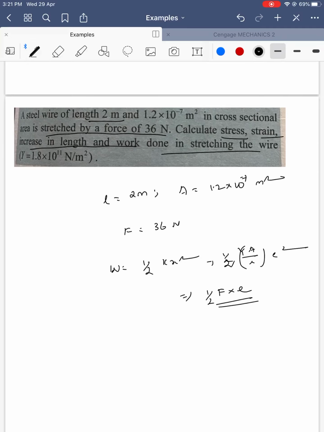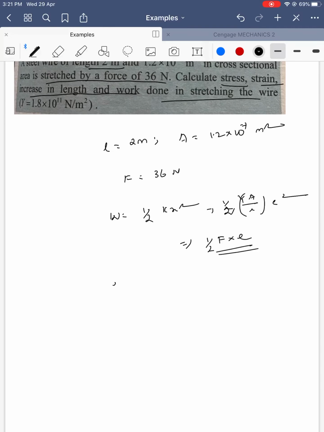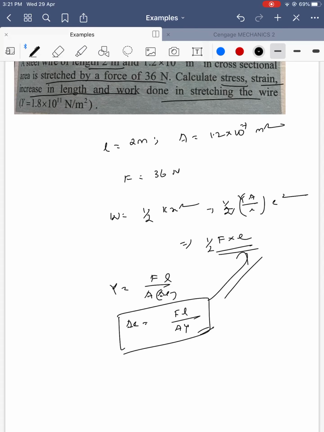So Y is equal to F by A into delta L by L. So delta L, which is the elongation, is F into L by A into Y. So we can get the value of elongation from there. If we substitute the values, we will get the answer.